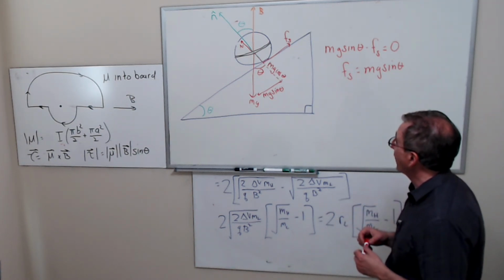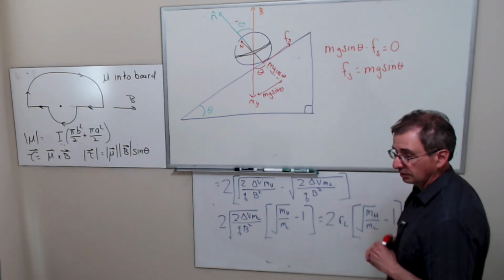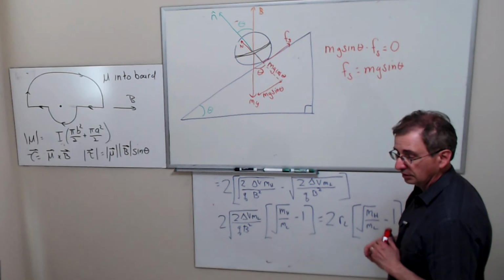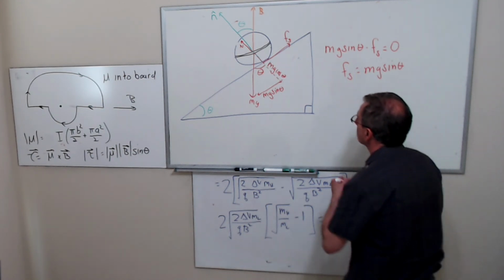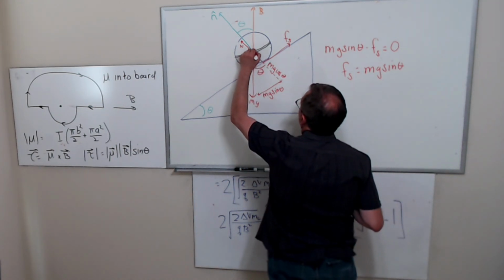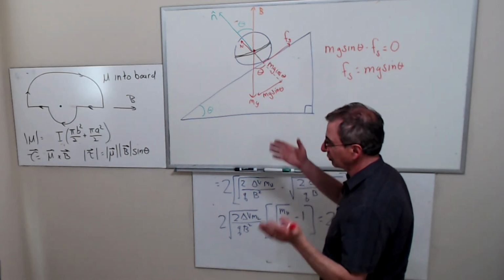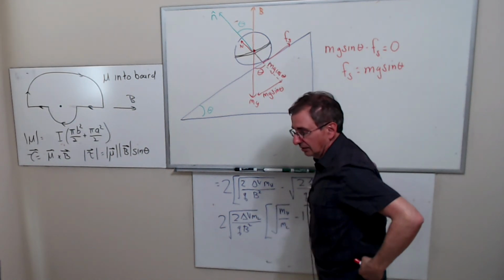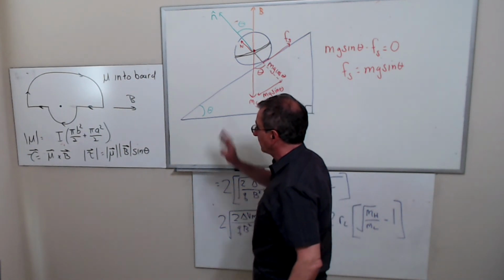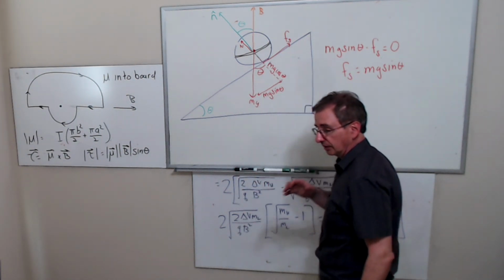Let's calculate the torques about the center of mass. Okay, let's calculate the torques about this point. We got to do that because the torque due to the magnetic moment is going to be more complicated.